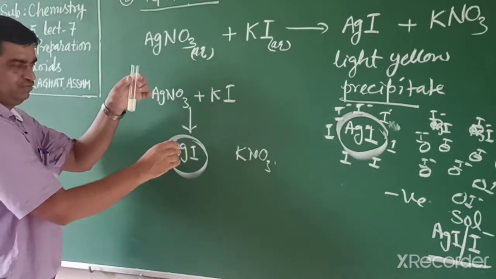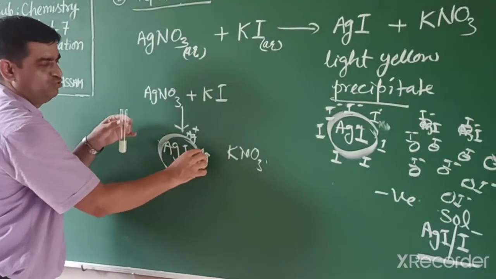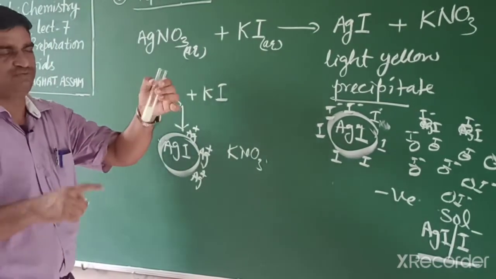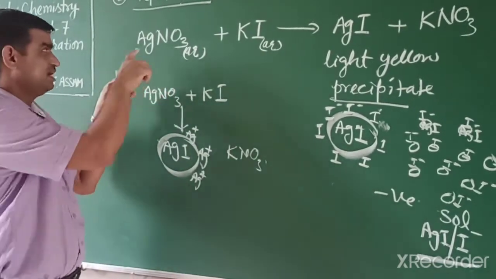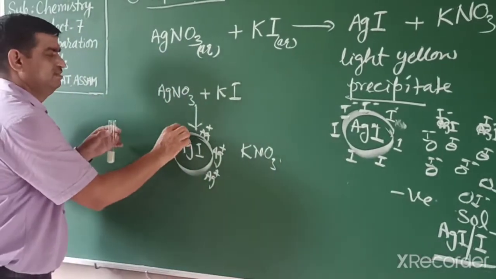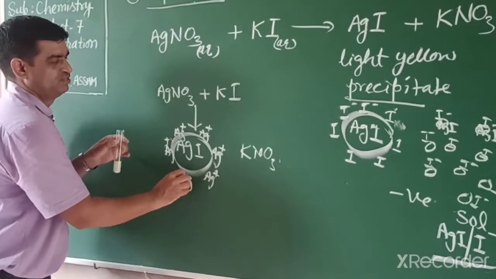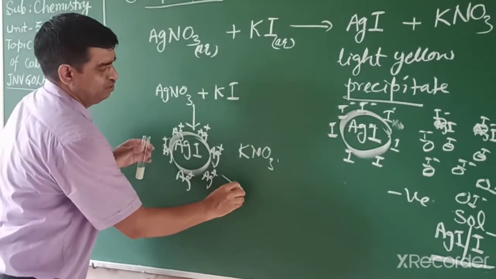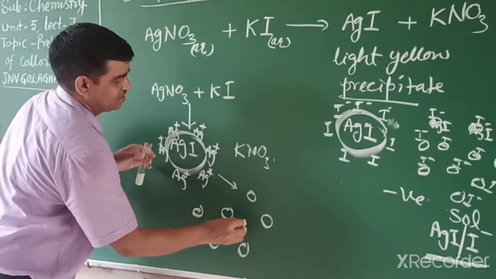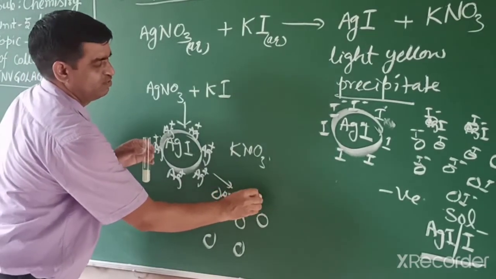But which ion adsorbs? Silver ion adsorbs, because silver nitrate is in higher concentration. So this is a positive sol. The larger particles dissociate into smaller ones, convert into the colloidal range, and we get a positive silver iodide sol.